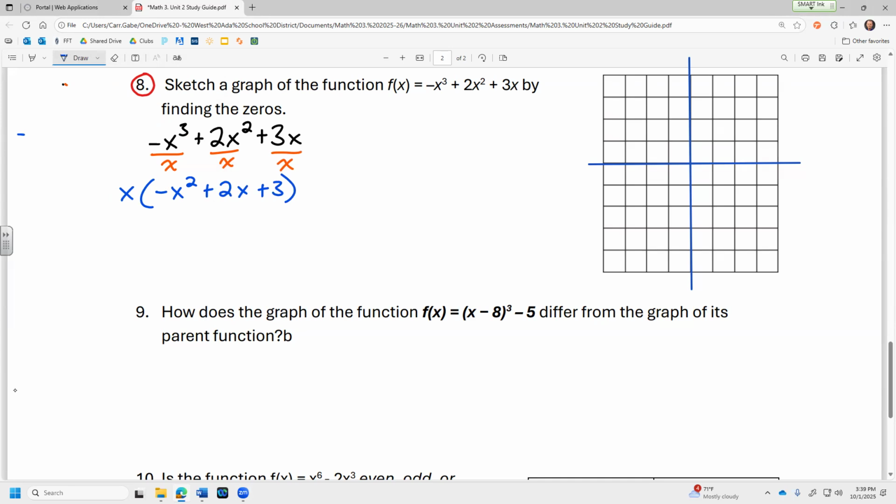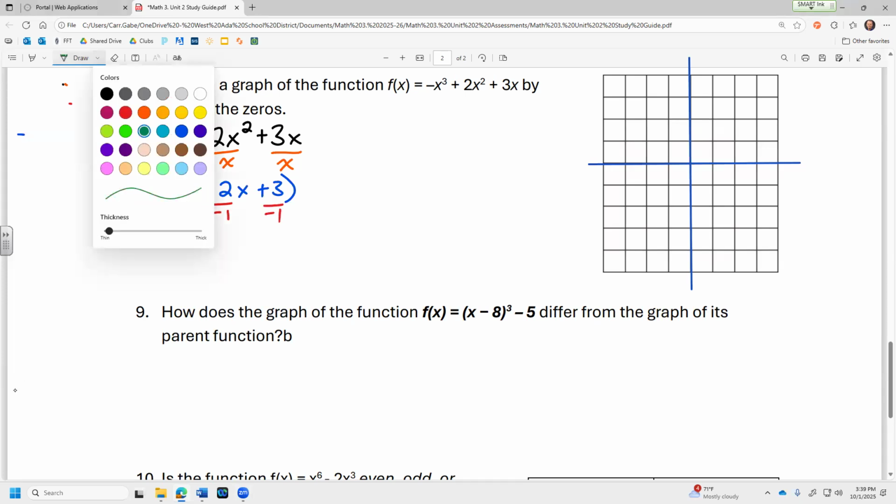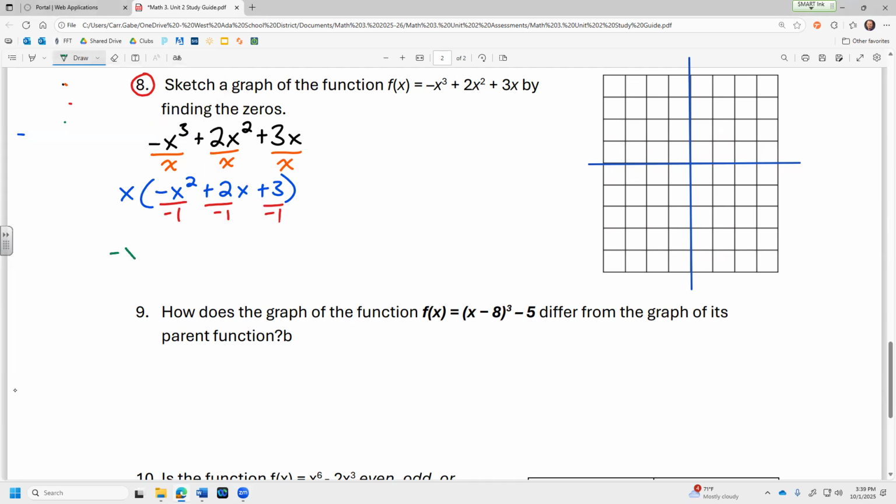And what's in the parentheses is going to be difficult to factor if our leading term is negative. So now we're going to factor out that negative sign. And when we divide everything by -1, our new factored form is going to look like negative x multiplied by x squared minus 2x minus 3.